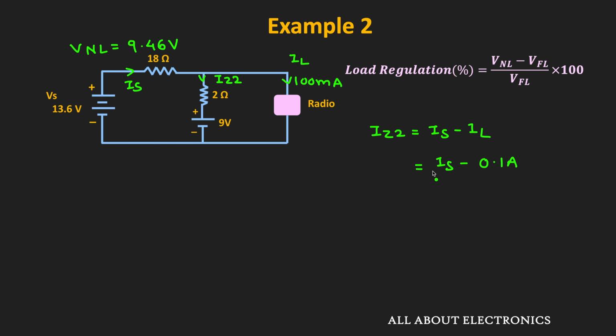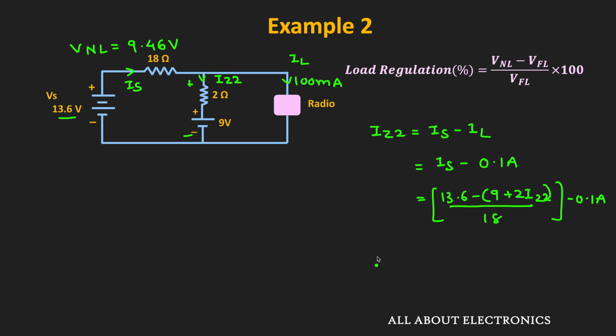And here, this current Is is equal to (13.6 volt minus Vz) divided by 18 ohm. Here, this Vz is equal to 9 volt plus 2 times Iz. So effectively we can say that this current Is is equal to (13.6 minus 9 minus 2 times Iz2) divided by 18 ohm. And of course, we will also have this 0.1 ampere.